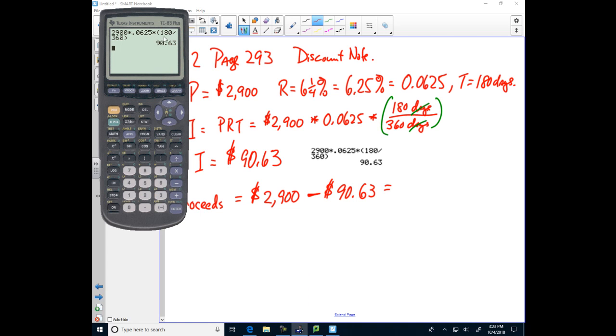By the way, if you've got one of these fancy calculators, watch what you can do here. I want to subtract that. I can put in my 2900, and then notice down here at the bottom, beside the enter key, there's something that says ANS. That stands for answer. So if you do second answer, whoops, you've got to put in a sign first. I want to subtract.